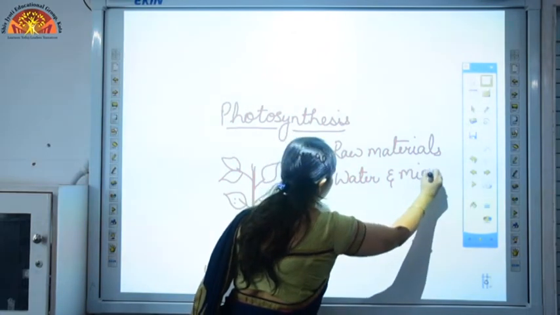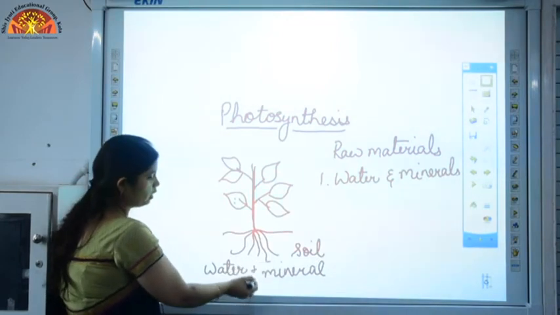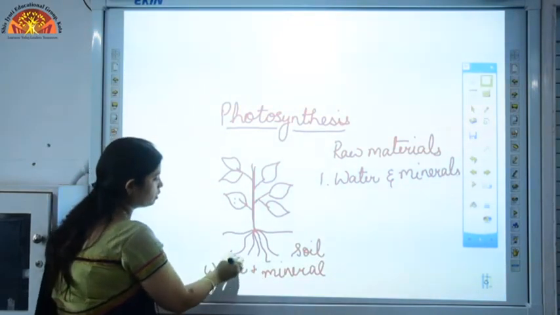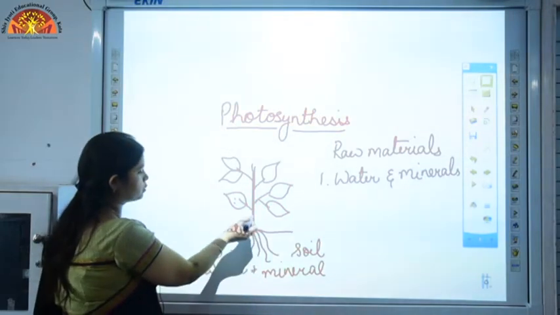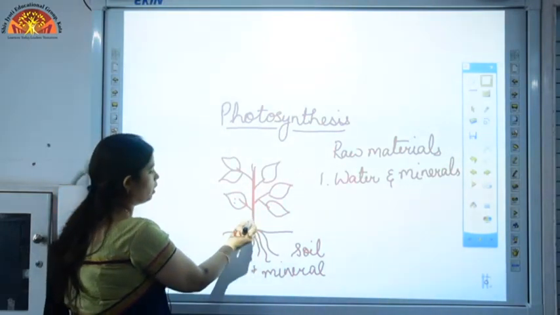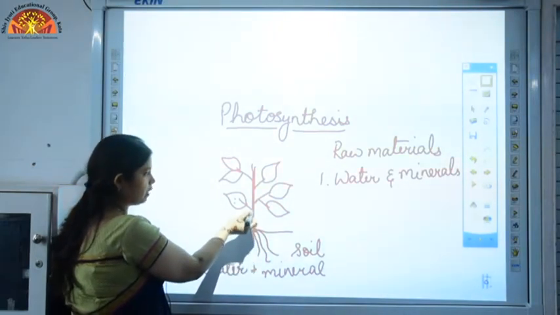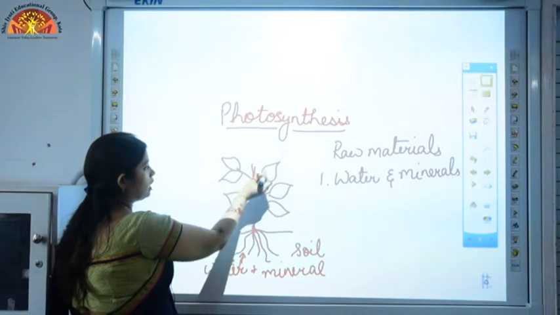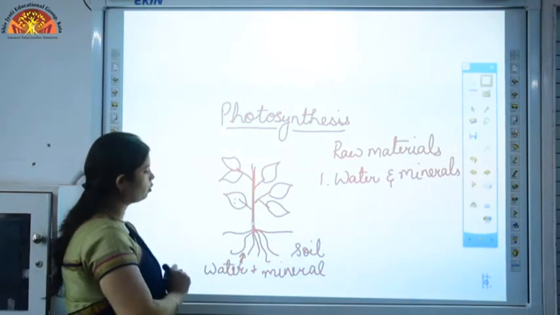From where do plants get this water and minerals? From the soil. The roots of the plant absorb this water and minerals and transport them to the stem. From the stem they reach each and every leaf of the plant, so that the food can be prepared over there.